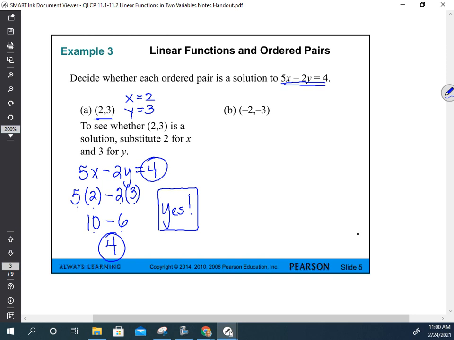So that's how we check to see if it worked. Any questions, part A?